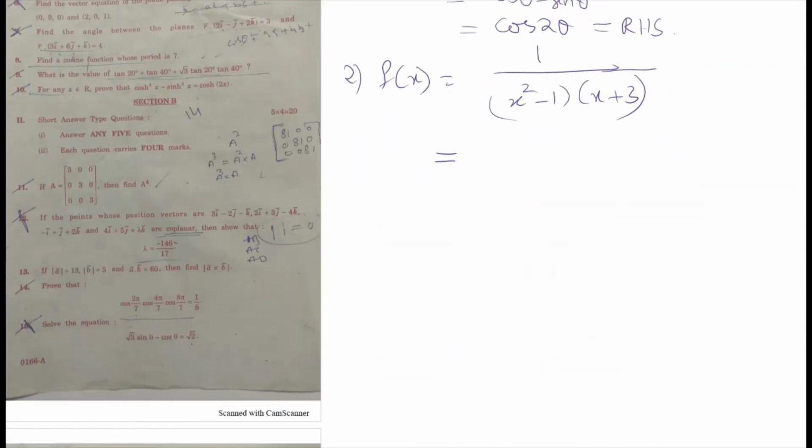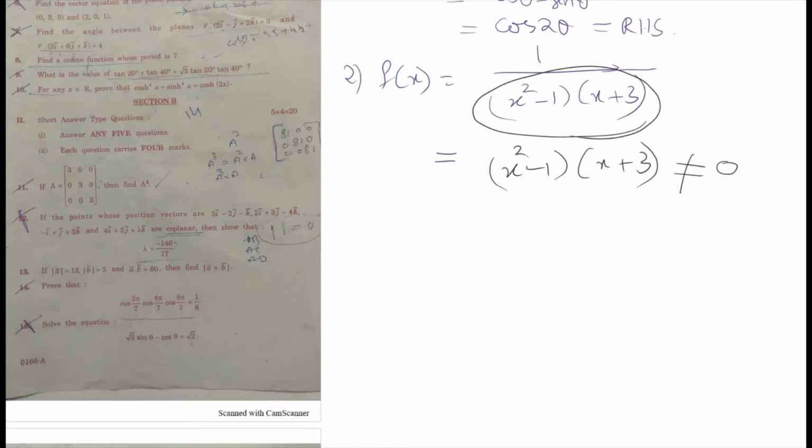For this function to exist, x square minus 1 into x plus 3 should not be equal to 0. If the denominator is equal to 0, then it is of the form 1 by 0, which is not defined.